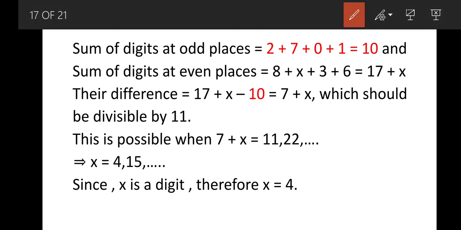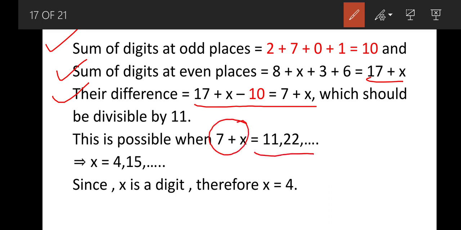According to the divisibility rule, the sum of the digits at odd places is 10 and the sum of the digits at even places is 17 plus x. Then I take their difference, and this difference, that is 7 plus x, should be divisible by 11. It can be any value which is divisible by 11.